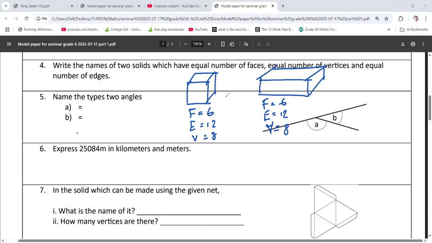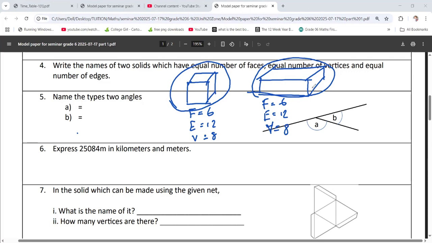So what is the difference between the cube and the cuboid? The main difference is that the cube has all the faces as equal squares, but in the cuboid, you don't have all the faces equal, right? Some faces will be different, but opposite faces are equal. They may be squares or rectangles, right?